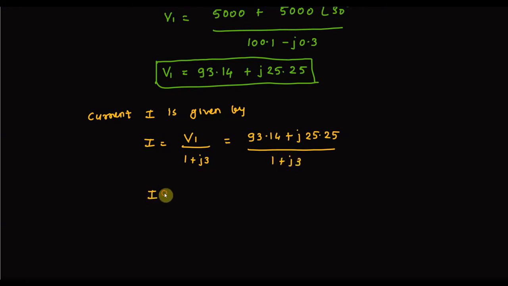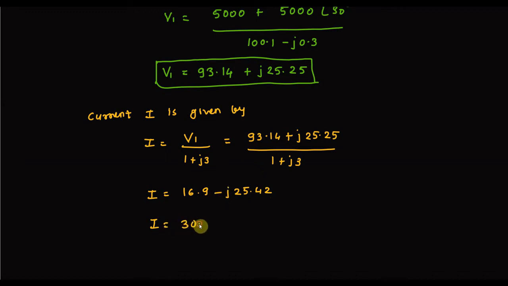Now after that, solve this equation. It comes out to be 16.9 minus J 25.42. But this answer is in complex form, and we need the answer in polar form. So for that we will convert from complex to polar form.